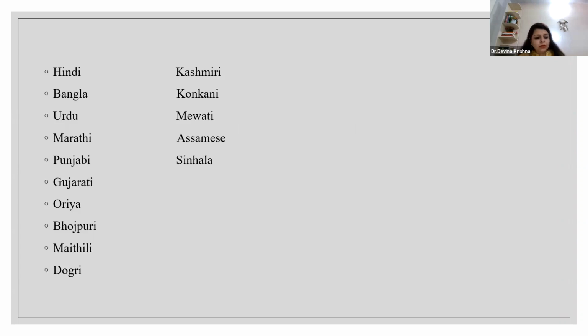These are some of the languages that belong to the Indo-Aryan group: Hindi, Bangla, Urdu, Marathi, Punjabi, Gujarati, Odia, Bhojpuri, Maithili, Dogri, Kashmiri, Konkani, Mewati, Assamese, and Sinhala.